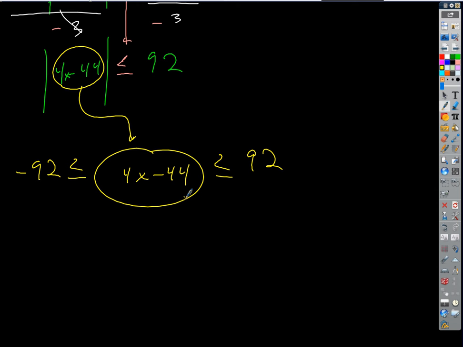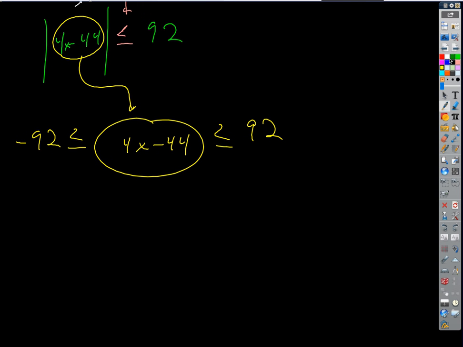What are the two steps in order to get the x by itself? Add 44 everywhere and divide by 4. Okay, we can do that. So in the middle, we just get a 4x. Over here, we get a 136.